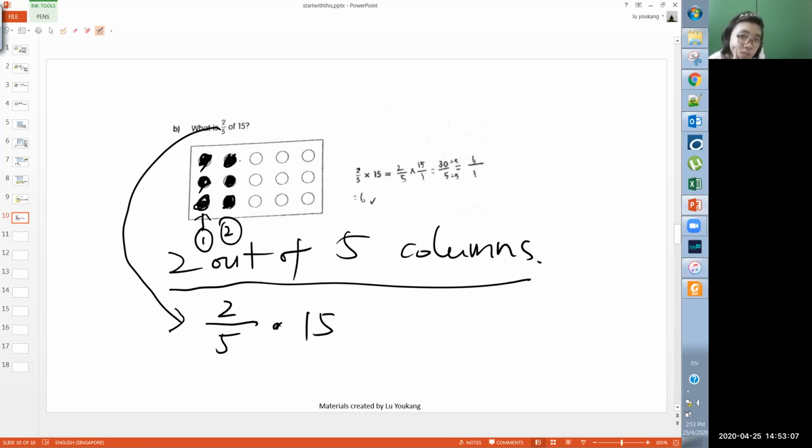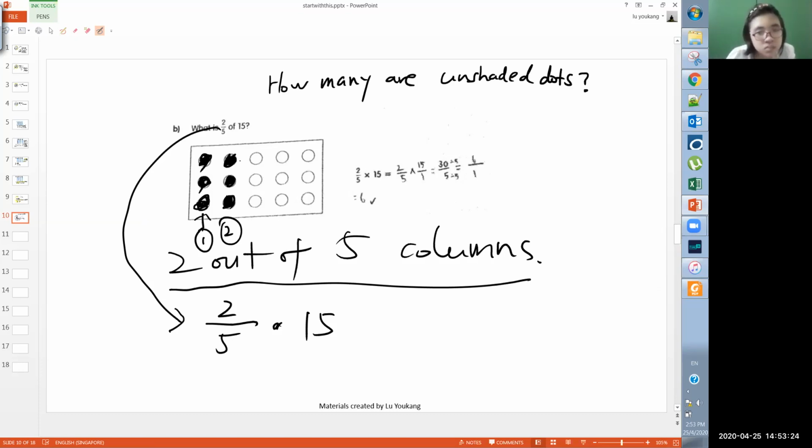Then what if I ask you for this question? What if I ask you how many unshaded dots? So how do you find this? First, you tell me how many columns are unshaded. 3. Yes.